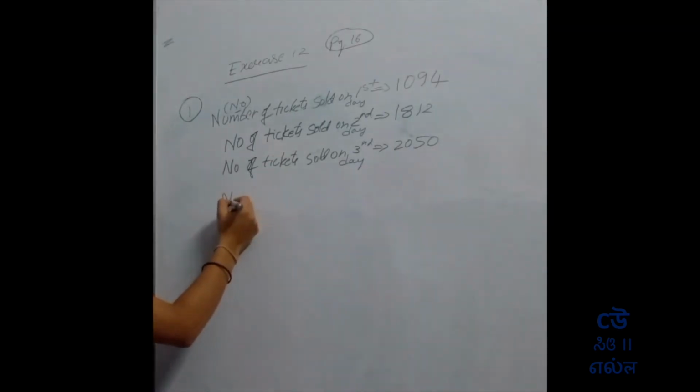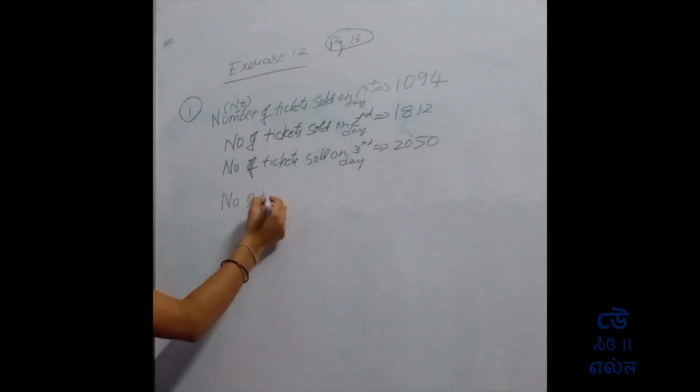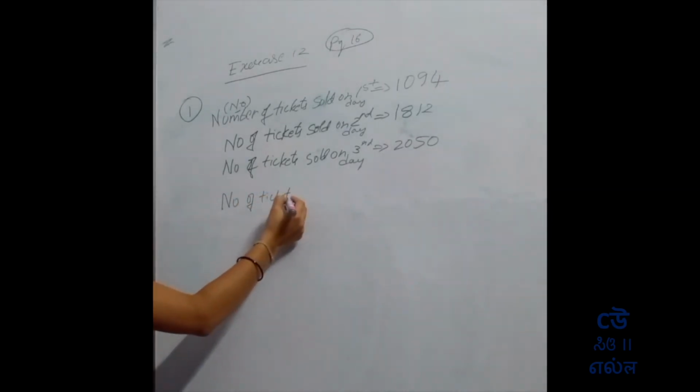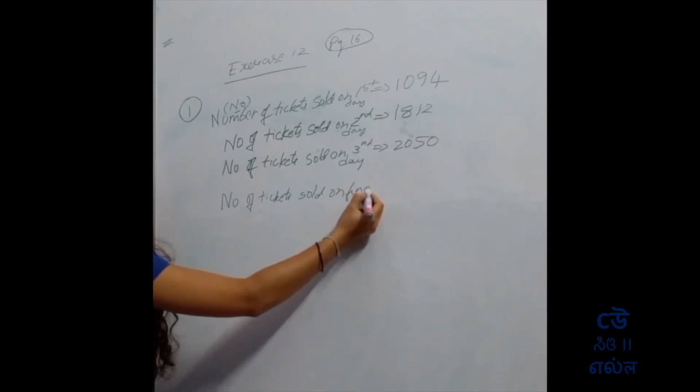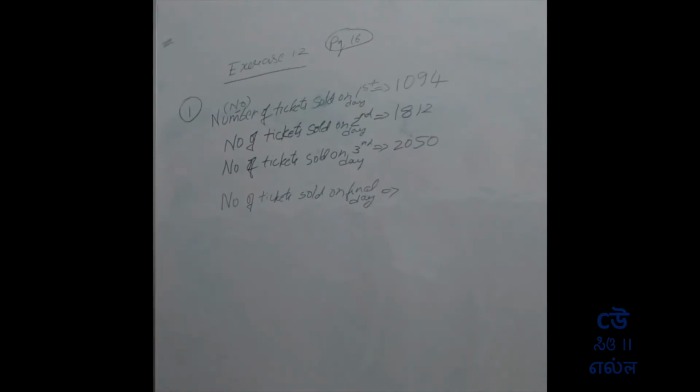Next, the number of tickets sold on fourth day, that is the final day of the exhibition. The number of tickets sold on the final day was 2751.